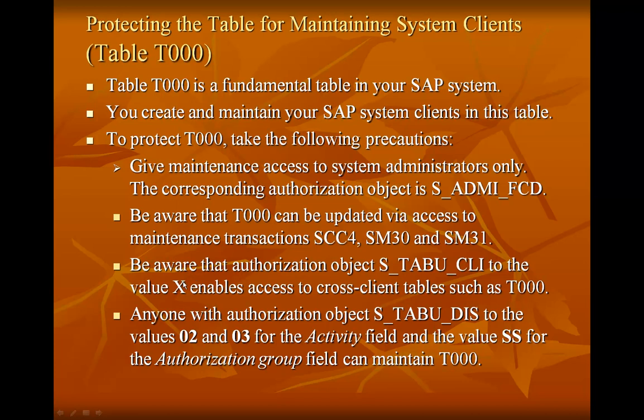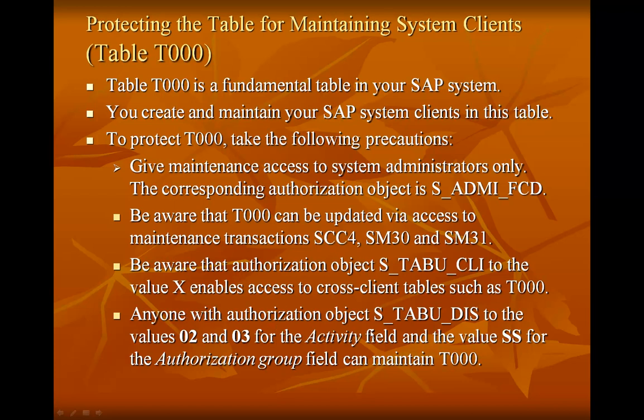X is allowed and a single quote says not allowed. Two values. So if the value is X for tabu_cli, then you can maintain the cross-client data. And T000 is a cross-client table, which can be maintained using either SM30 or SCC4.